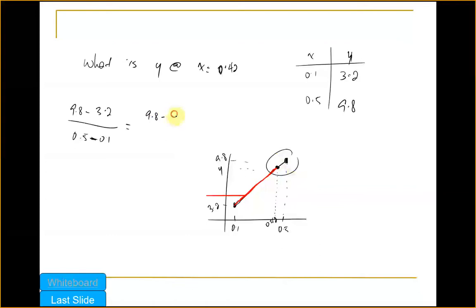Minus y. Over, what's the run? 0.5 minus 0.42. Good. You realize the only unknown is y. That's what we do for interpolation.